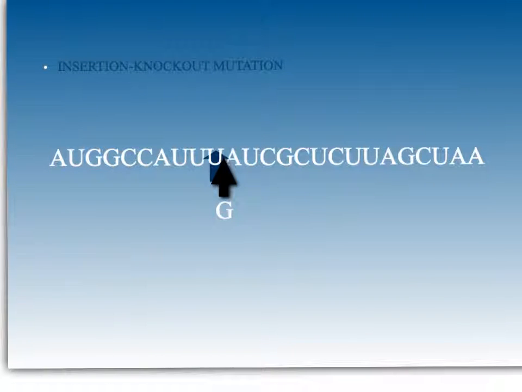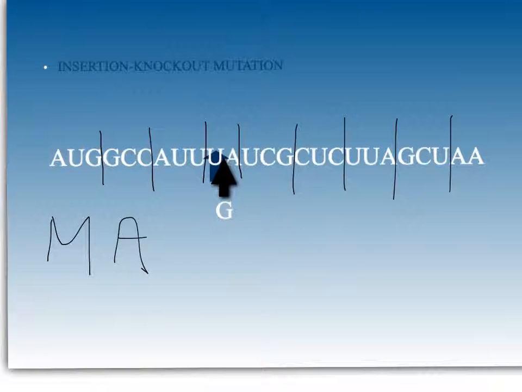Now we will look at this. This is an insertion of G in between those two. We'll start off with methionine, which is a start codon, GCC, which is alanine, AUU, which is isoleucine, and look, now we have UGA.